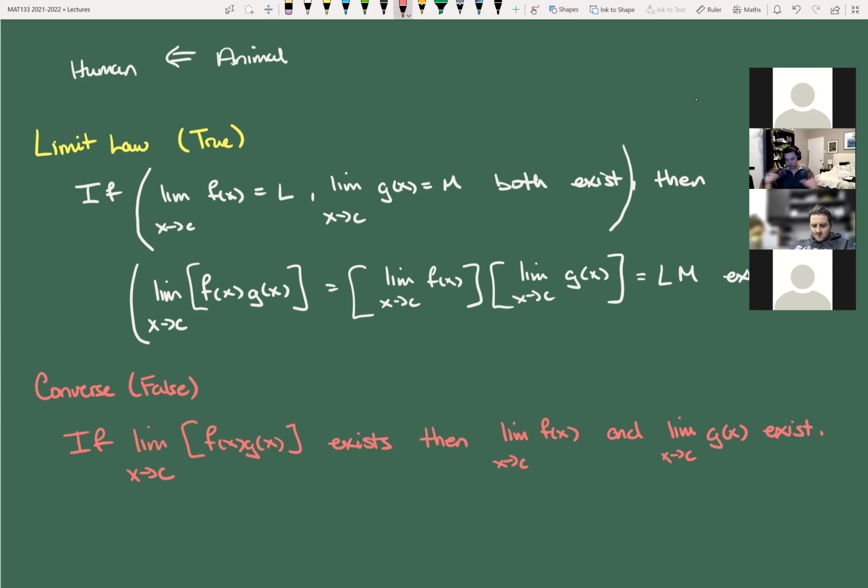So do you see how I've switched it around? I've pointed the arrow in the opposite direction. That's why it's the converse. That's why it's the opposite. Sometimes the converse is also true, but generally not.